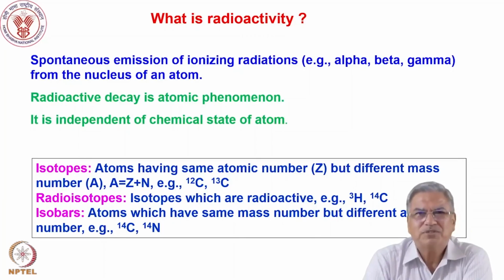Isobars are atoms which have the same mass number but different atomic numbers. For example, carbon-14 and nitrogen-14 have the same mass number 14, so they are isobars, and they have different atomic numbers, 6 and 7 respectively, for carbon-14 and nitrogen-14.